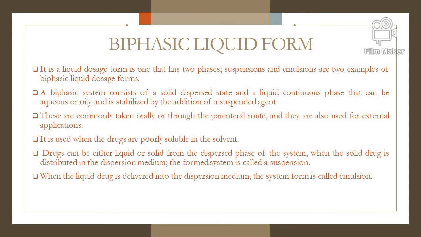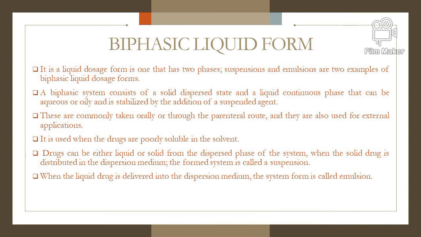A biphasic system consists of a solid dispersed state and a liquid continuous phase that can be aqueous or oily, stabilized by the addition of suspending agents. These are commonly taken orally or through the parenteral route, and are also used for external applications. It is used when the drugs are poorly soluble in the solvent.